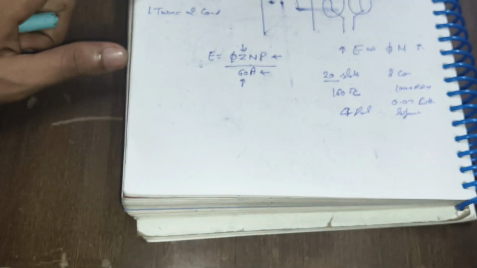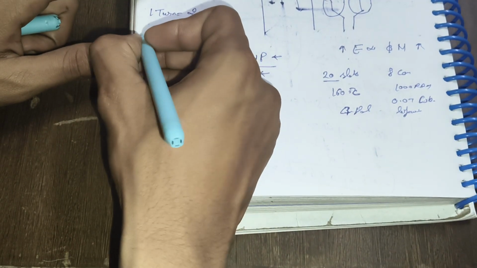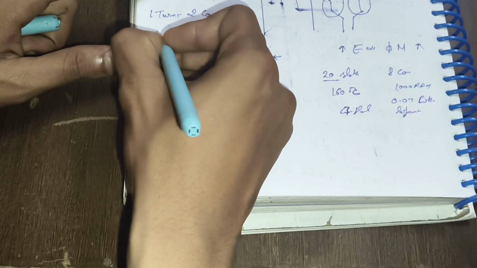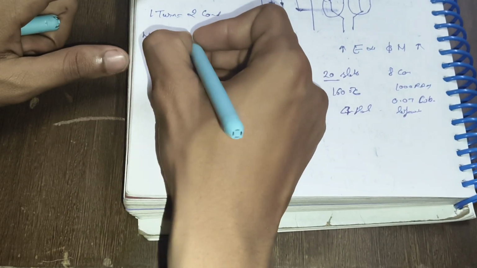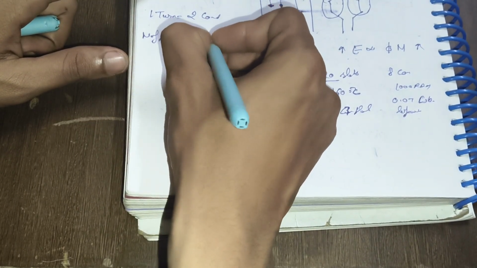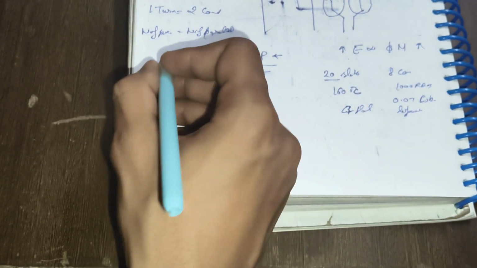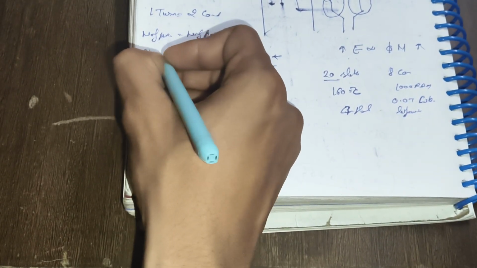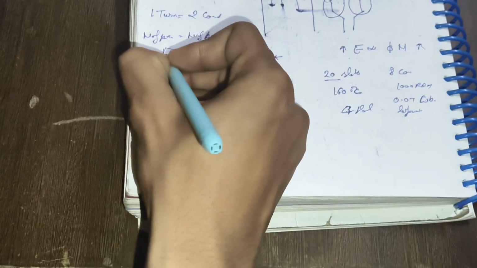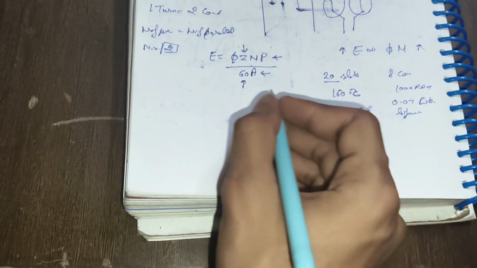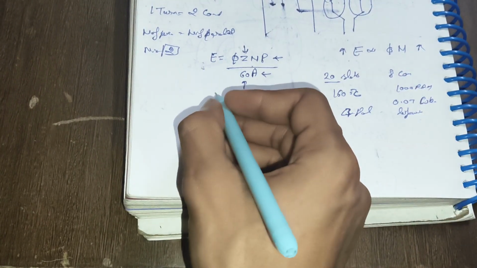As we have discussed, in a lap winding the number of poles equals the number of parallel paths, and for a wave winding the number of parallel paths equals 2. So it is lap wound, so put the values directly here.